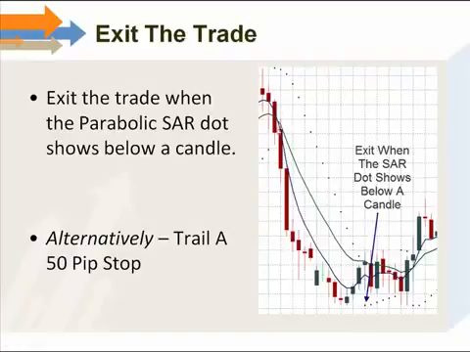In this case, we entered the trade up here, and we stayed in the trade all the way until the parabolic SAR dot appeared below the candle on the chart. Alternatively, we could have trailed a stop at 50 pips. In this case, it probably wouldn't have made much difference for profitability, but when you're starting out, use the first exit strategy. It's the simplest. Let's take a look at some real trade examples on MetaTrader.